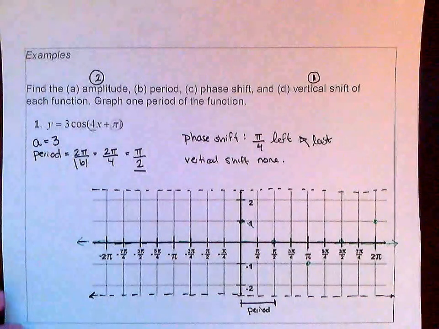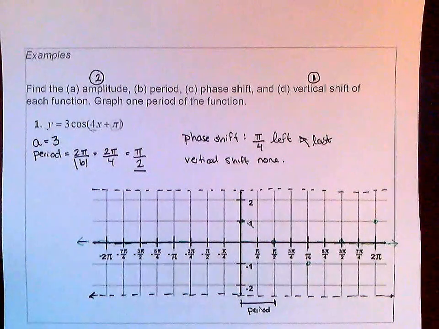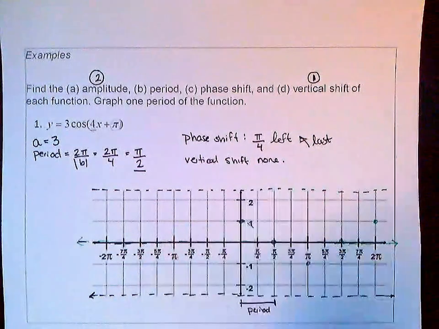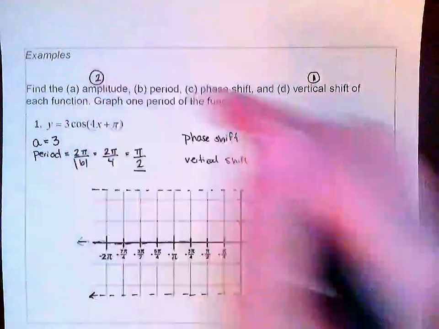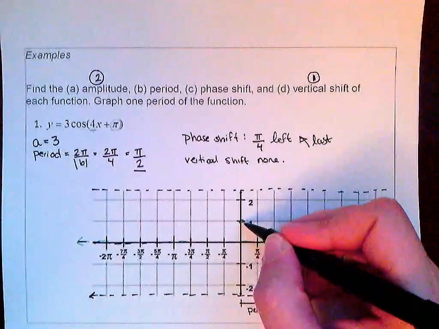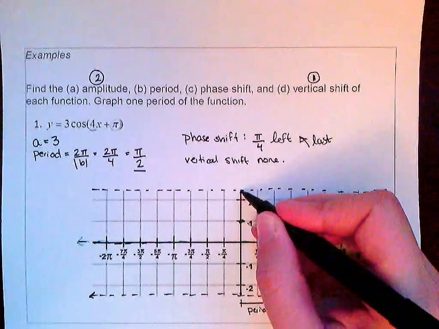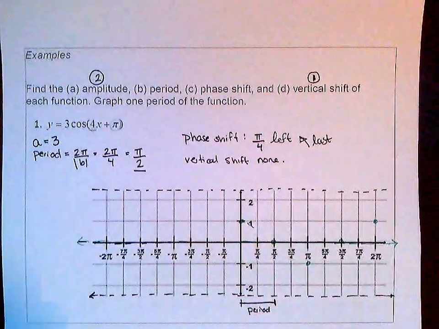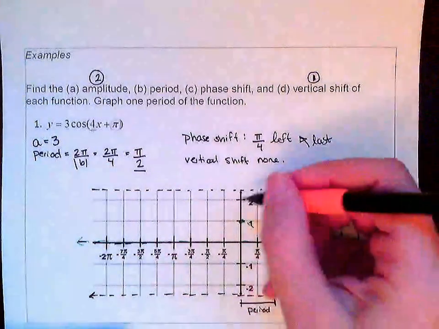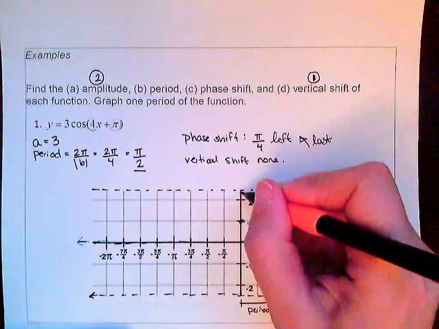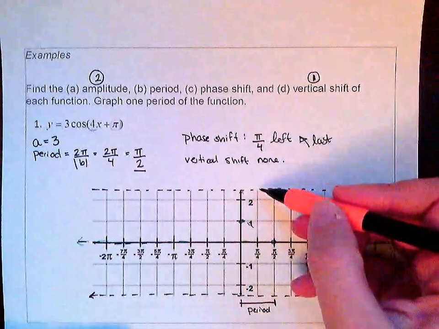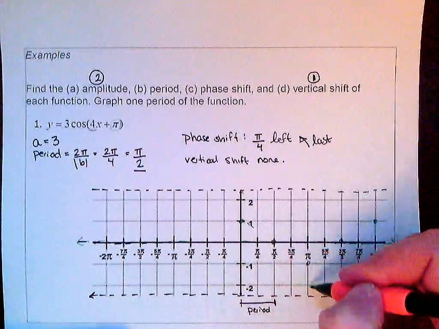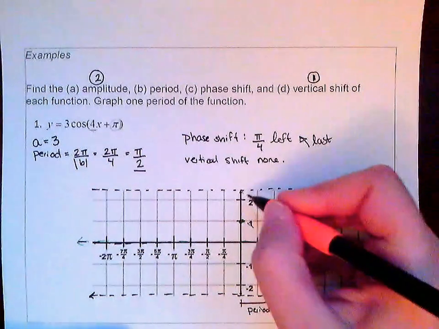So what that means is that the function in this graph is getting smushed down, because the original cosine function would have looked like this. I don't want to draw this out completely, but without the period change, it would have started up here, gone down through pi over 2 just like it always does, and gone down to pi over here.